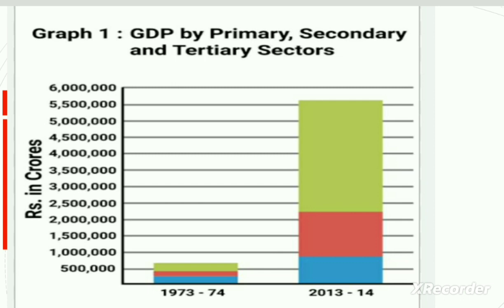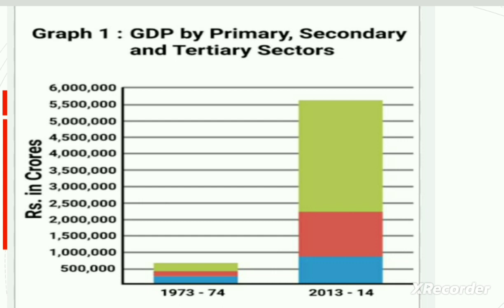If you compare the Indian economy with the economy of developed countries like USA, France, Britain, in all these economies the majority of the population is dependent on the tertiary sector, and as a result income is more, GDP is more, per capita income is more.